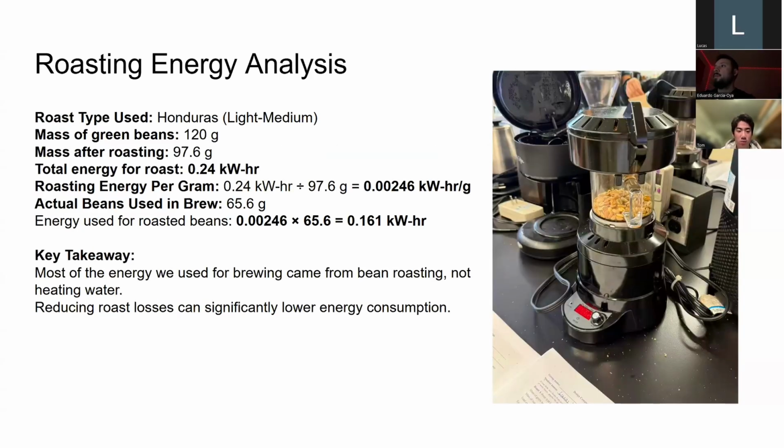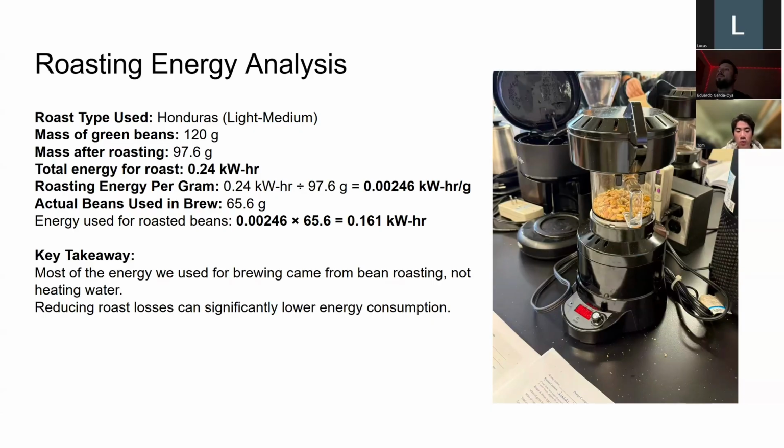And for the roasting portion, we used a Honduras roast with an energy consumption of 0.24 kilowatt hours. Dividing this by the roasted mass gives an energy intensity of about 0.00246 kilowatt hours per gram of the roasted beans.